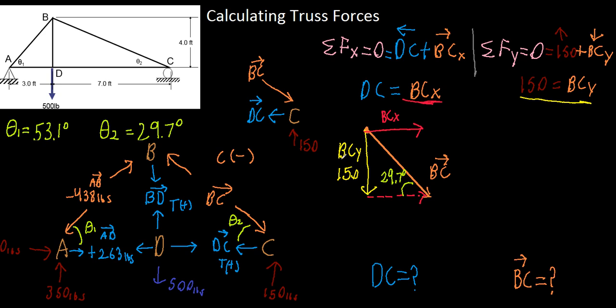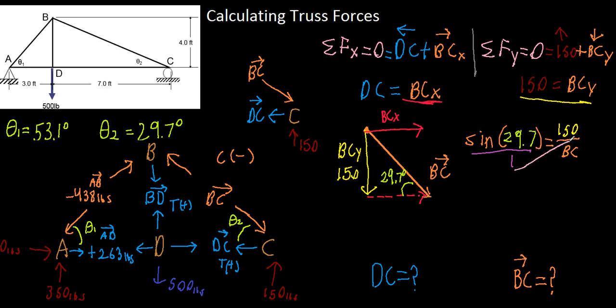So now we can go ahead and solve for BC. We know the angle, we know the opposite, and we're looking for the hypotenuse. Opposite and hypotenuse is sine. So the sine of our angle, 29.7, is equal to opposite over hypotenuse. We know our opposite is 150, and we set that over BC. Well, to solve for BC, I'm going to cross multiply and divide to make my life easier.